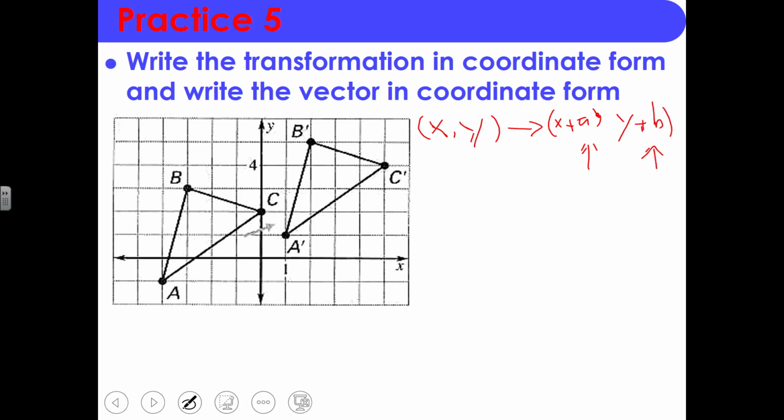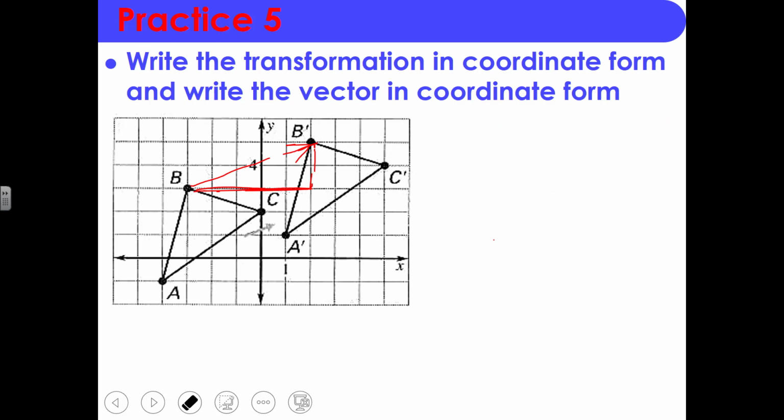And the next time you need to write it in its vector form. That means if you had a vector that determined your movements, let's say B is changing to B prime and this is the vector, determine what the horizontal component is, you write that here, and determine what the vertical component is, and you write that over here. You can pause the video and complete this practice problem.